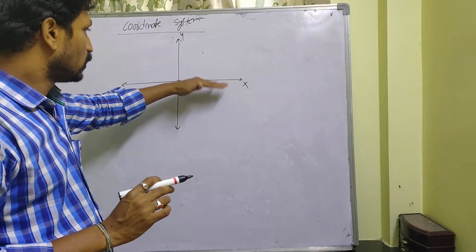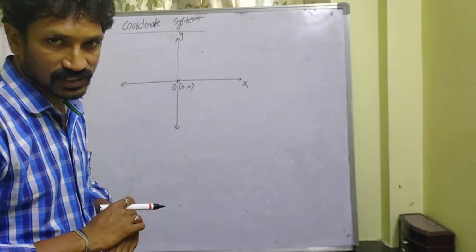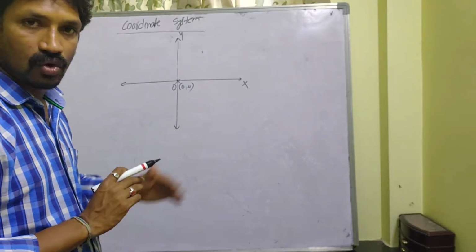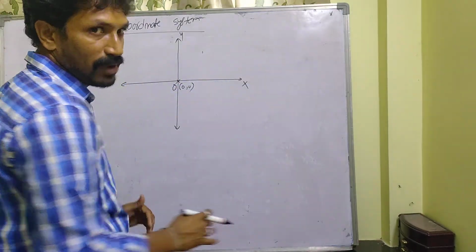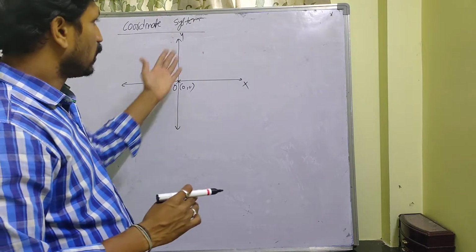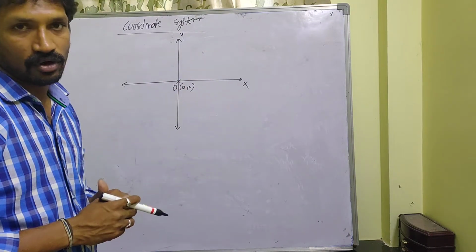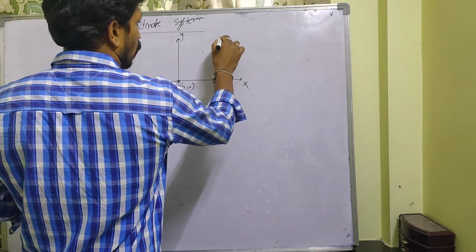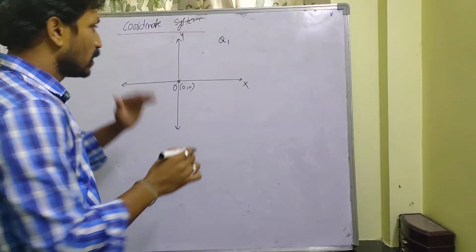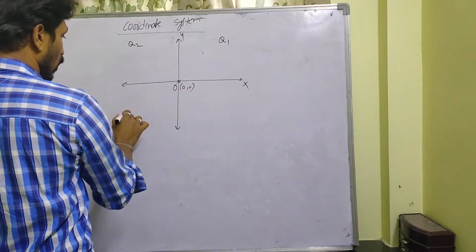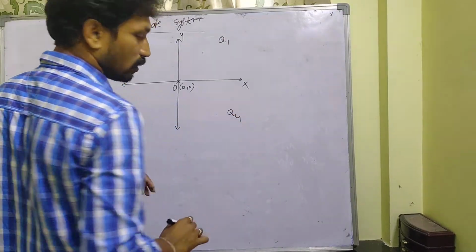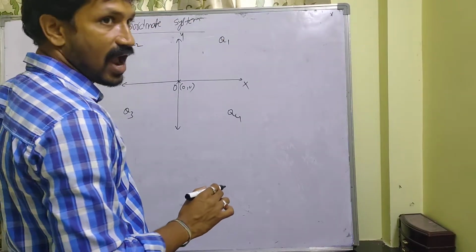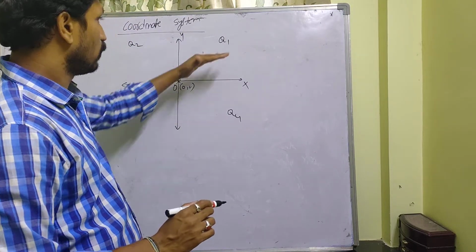Both x-axis and y-axis together are called coordinate axis. This coordinate axis divides the coordinate plane, you know very well, in 4 parts. First one is called quadrant 1, second one is called quadrant 2, third one is called quadrant 3, fourth one quadrant 4. You should take in the anti-clockwise direction here.